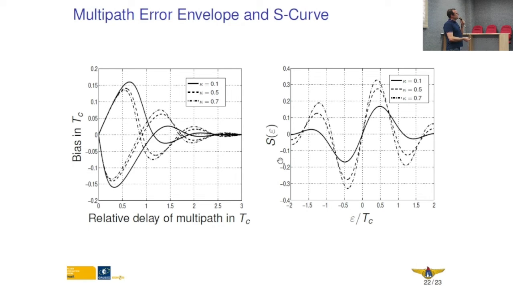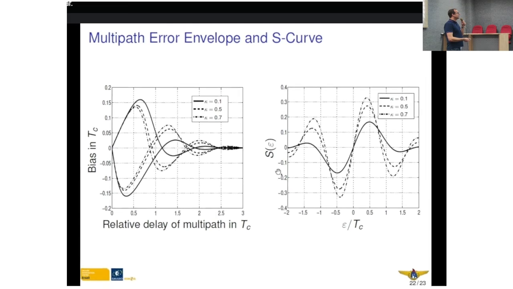Then we can also see here the approximation of the derivative of the autocorrelation function, the S curve, and the slope is here. The slope of the S curve is related to the accuracy, as we could see, it is the curvature, because the S curve is the approximation of the derivative of the autocorrelation function, and the slope of this curve at epsilon equals 0 is proportional to the curvature at the peak, right?